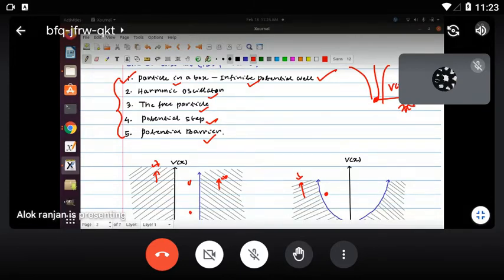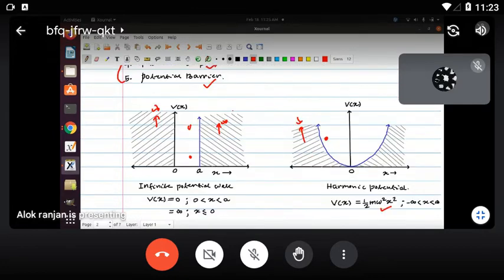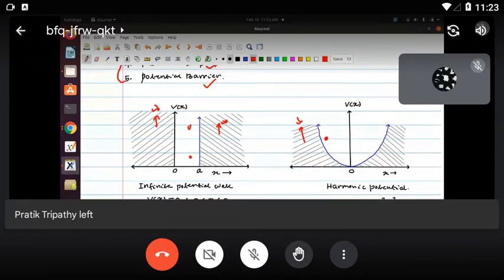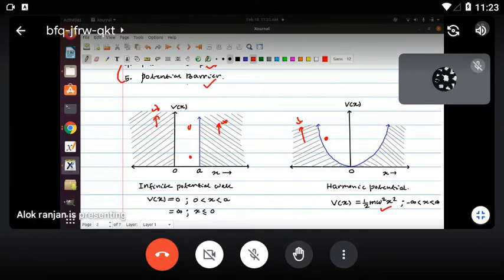What does it mean? In order to understand, as I said, since it has infinite potential depth, if someone is looking from the top, and you leave something inside, it will never ever escape from this potential well.